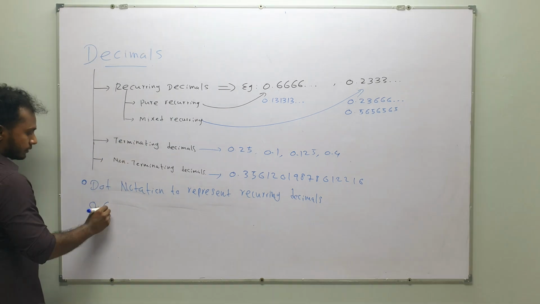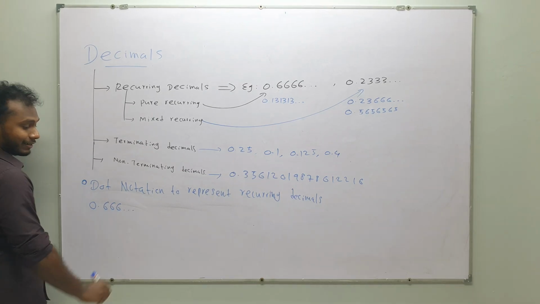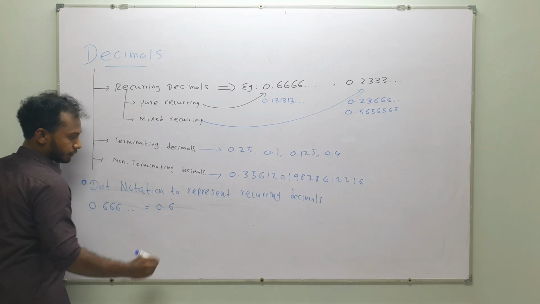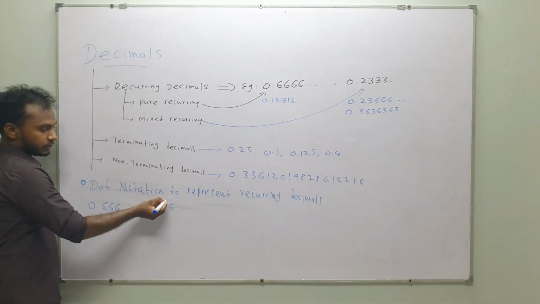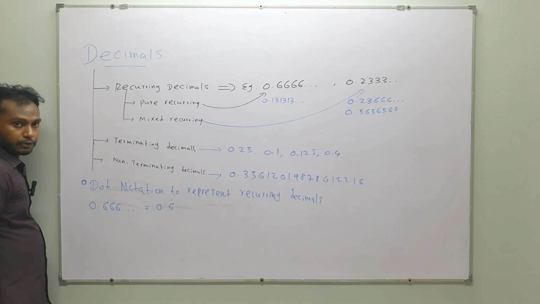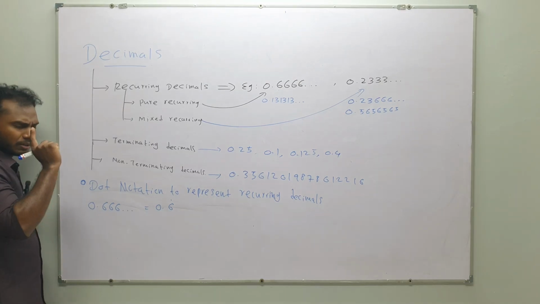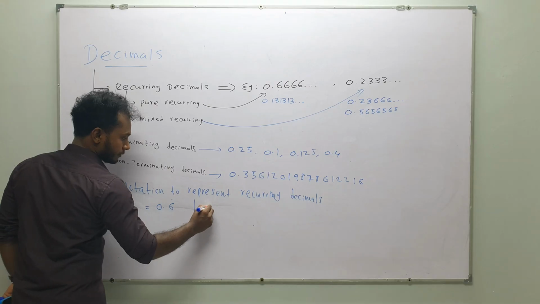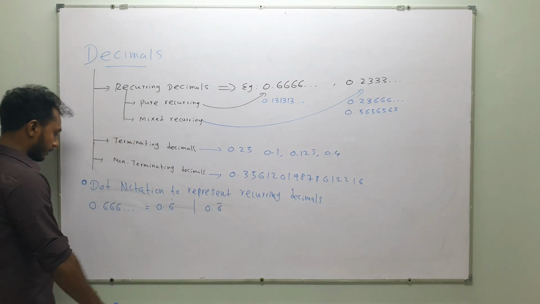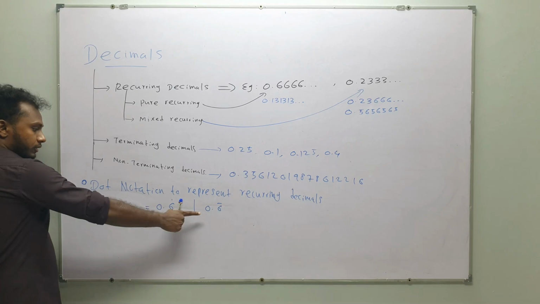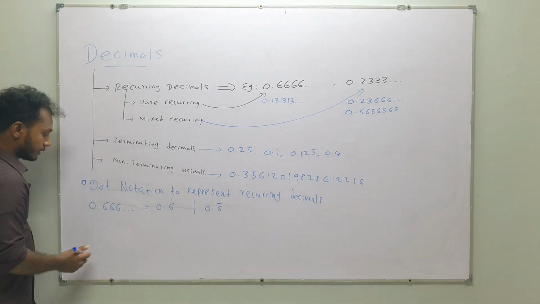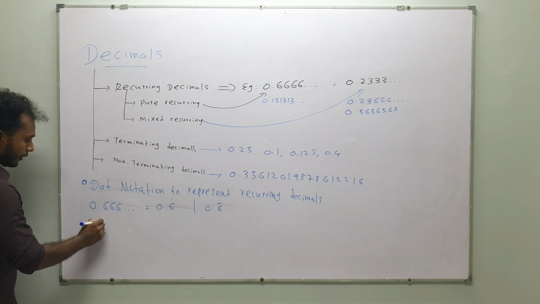If I take 0.666 recurring, I can write this as 0.6 with a dot. The dot represents that this is recurring. You also have something called bar notation, which would be written as 0.6 with a bar. This is the dot notation, this is the bar notation, but we usually use the dot notation in our syllabus.